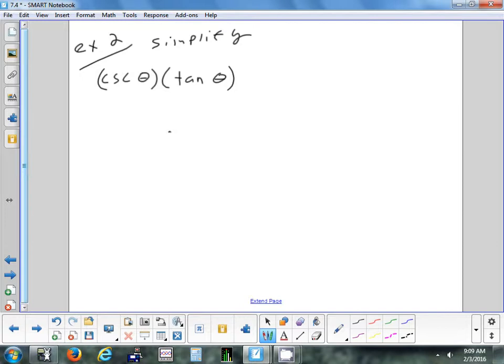Jamie, if I start with cosecant, how can I write cosecant as a fraction with sines and cosines? Sine over cosine is tangent. Think if you were going to plug this in on your calculator, how would you type in cosecant? Yeah, 1 over sine.